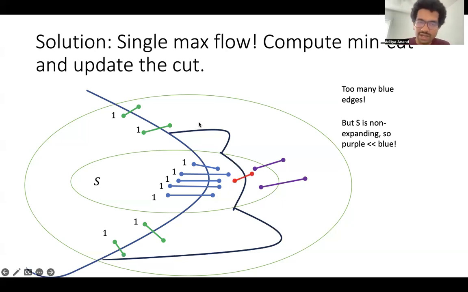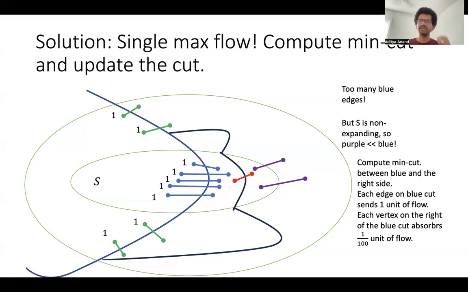And then if you look at this black cut and look at the number of red edges, which are the edges on the black cut inside S, there cannot be too many of them. Simply because every red edge here can send flow to the purple edges. So the number of red is at most the number of purple. Of course, we need to set up the flow problem in a more formal way.